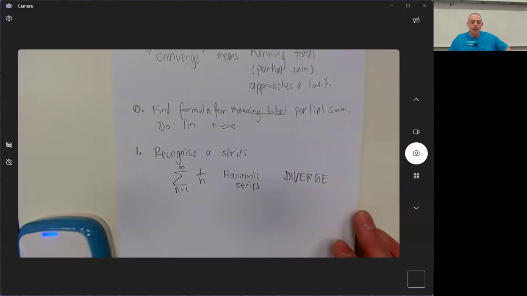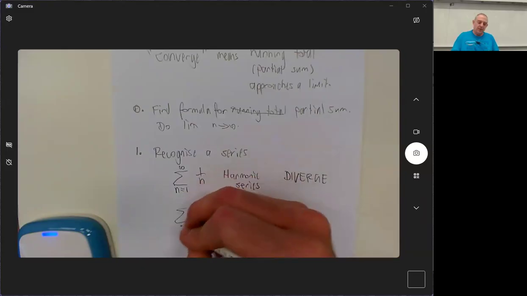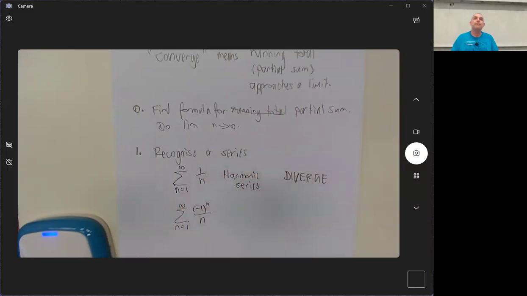So it might have n plus 1 here. That doesn't matter. That's just offset by 1. It doesn't really matter whether it's n plus 1 or n plus 5. It's all good. Okay, so that's your classic harmonic series. There is the same one but with minus 1 to the n.